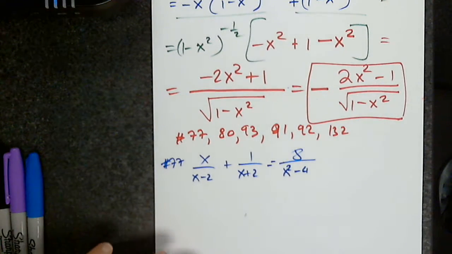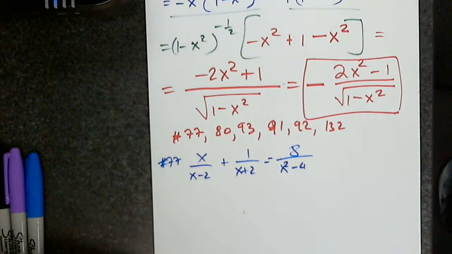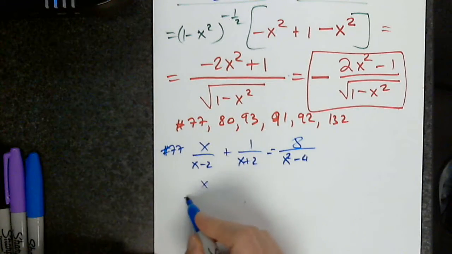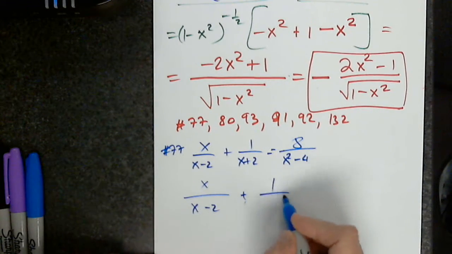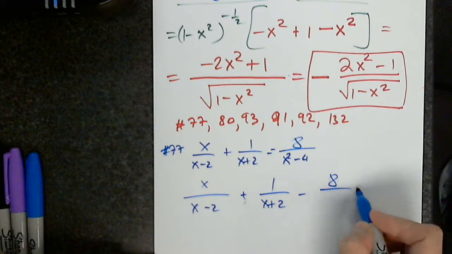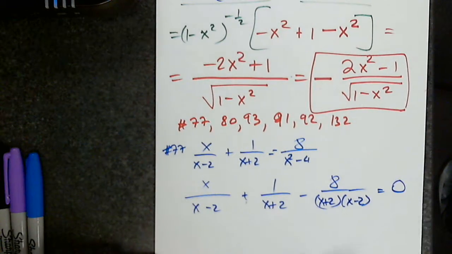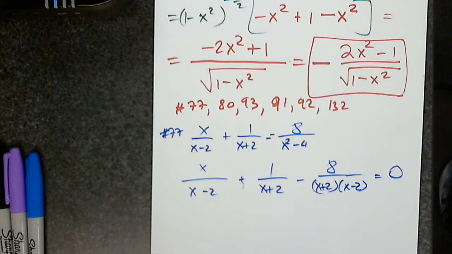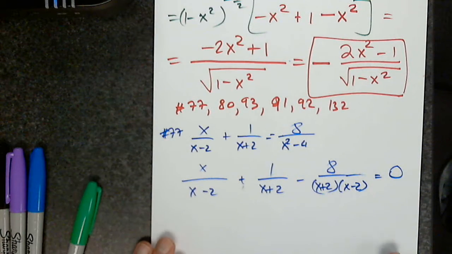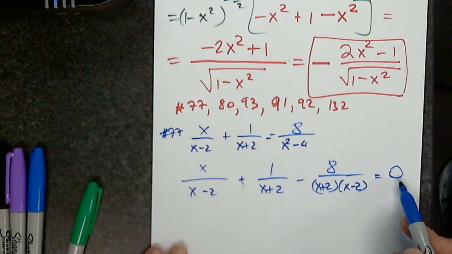Now, if you like the method I like to work with, you will use this, but you don't have to. Use any method you like. So I moved the fraction from the right to the left, and it changes its sign, of course. In front I have negative now, and I have to have 0 on the right hand side.